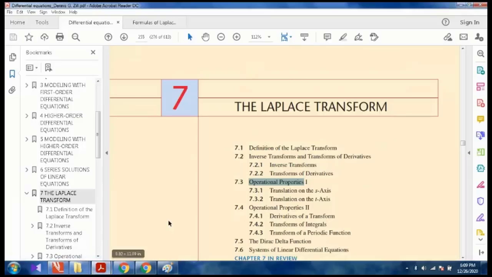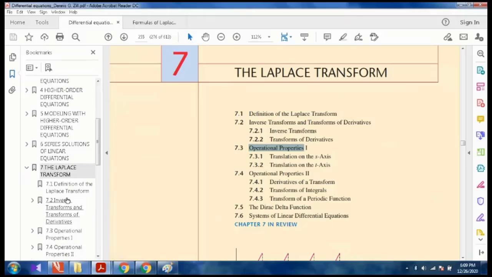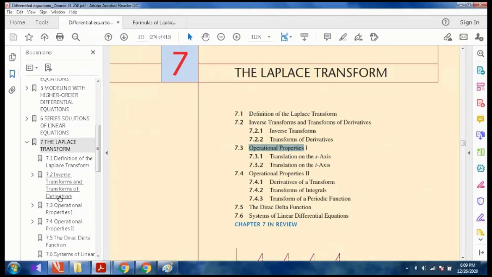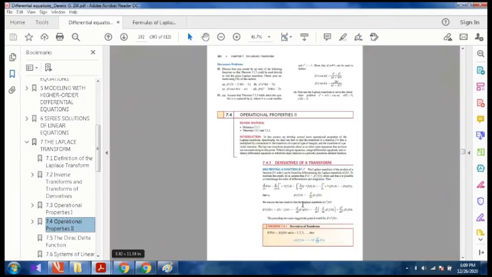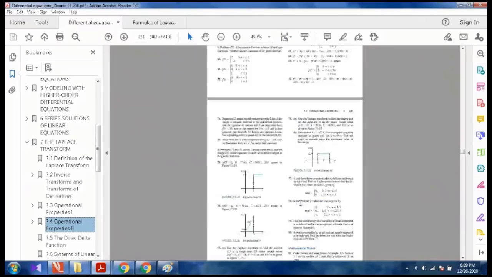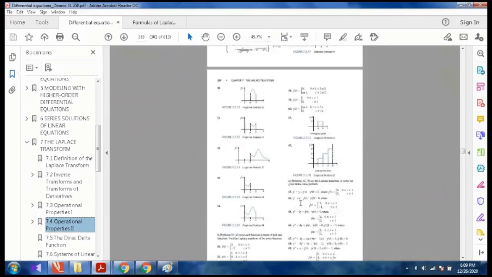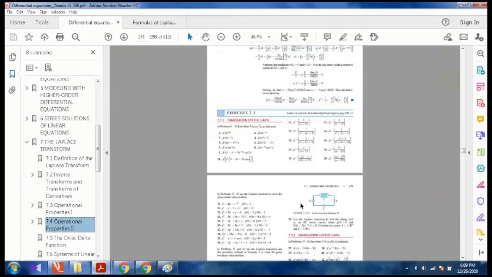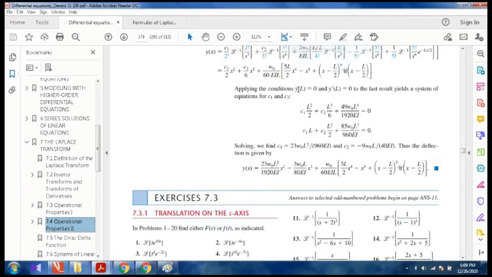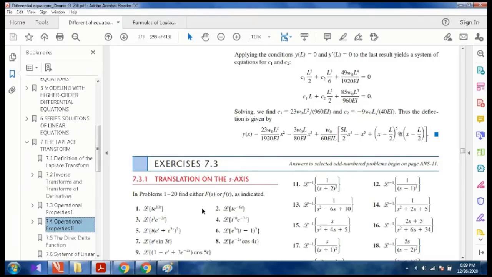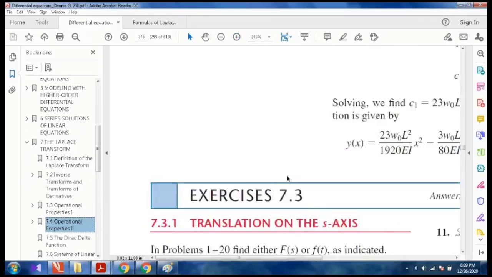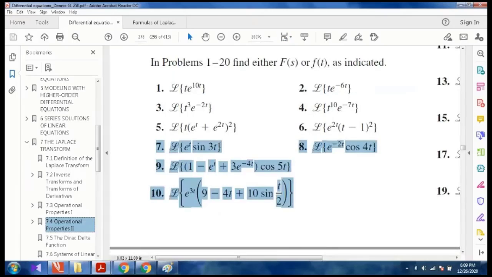Let's take one problem from the reference book. Yeah, I have found one. Question number 7.